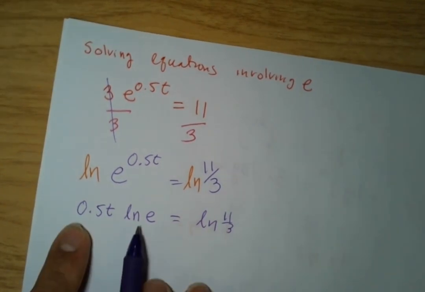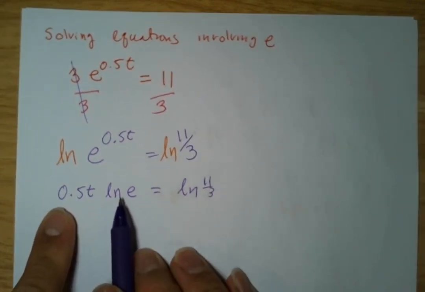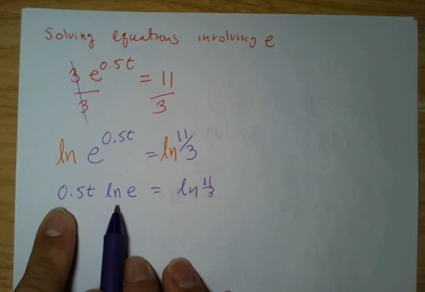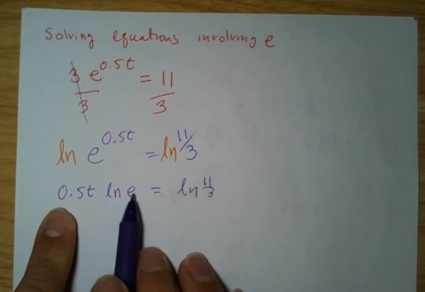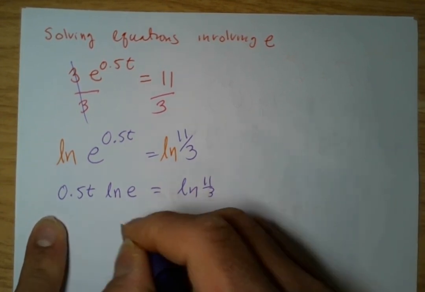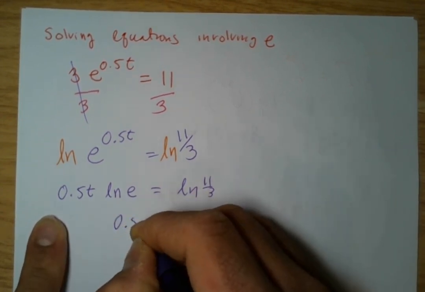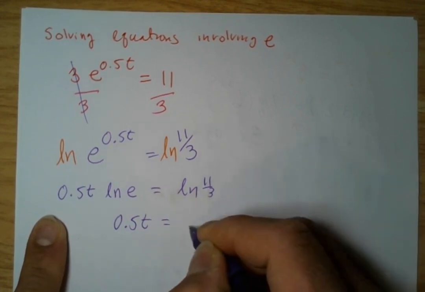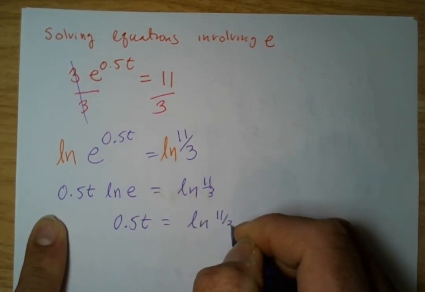Looking at this, I'll use the property of logarithms where this is a log base e, same base as the argument, so this value is simply 1. So 1 times this leaves me with 0.5t equals ln of 11 over 3.